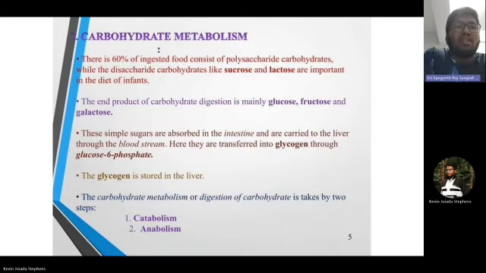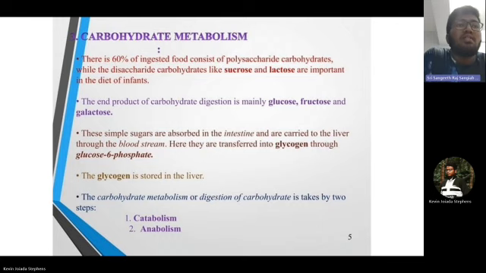Carbohydrate metabolism. About 60% of ingested food consists of polysaccharide carbohydrates, while the disaccharide carbohydrates like sucrose and lactose are important in the diet of infants. The end products of carbohydrate digestion are mainly glucose, fructose, and galactose.